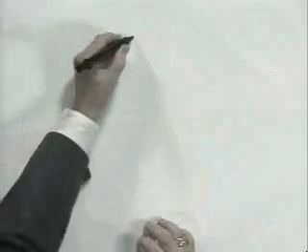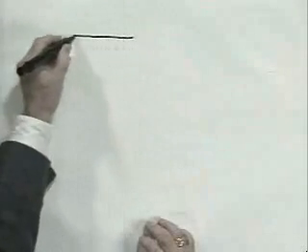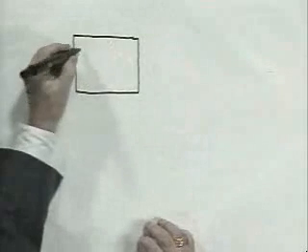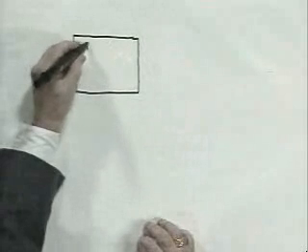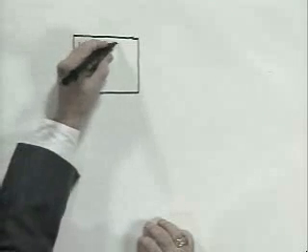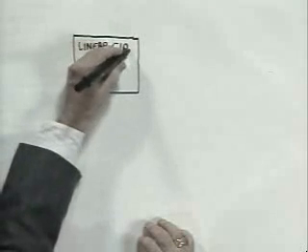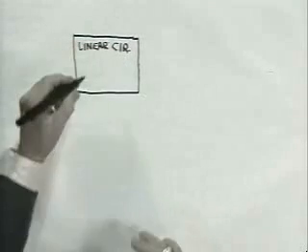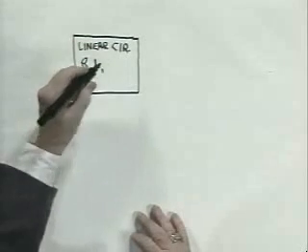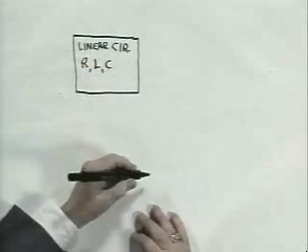Let me try and illustrate with a sketch. This is a linear network, or a linear circuit. It contains resistors, inductors, and capacitors.